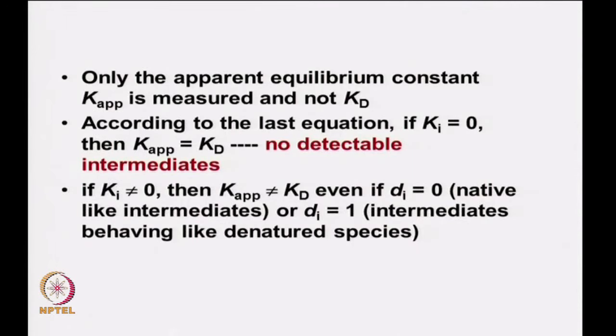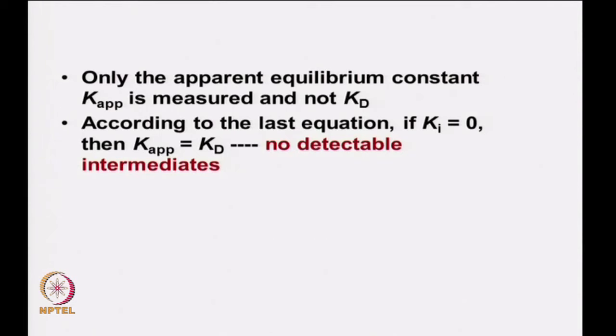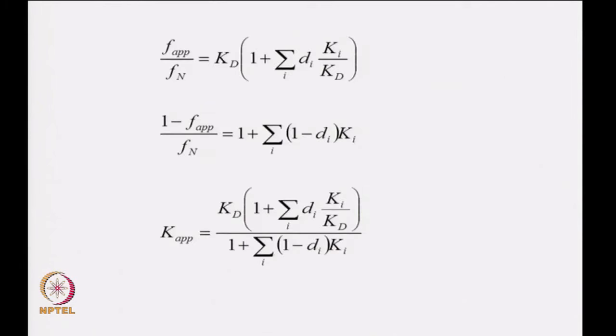Now, if Ki is not equal to 0, then K apparent obviously is not equal to Kd, even if Di is equal to 0. Now, this you have to understand. If you look at it, Ki is not equal to 0, right. Even if Di is equal to 0, what do you have? You still have Ki remaining. That means even if Di is equal to 0, your K apparent still depends upon Ki. Okay.